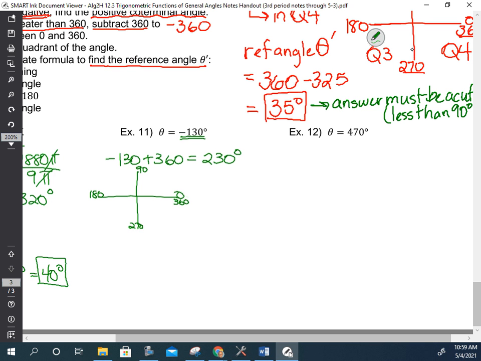The 230 is going to fall right in there, in quadrant number 3. So your reference angle is 230 minus 180, 50 degrees.